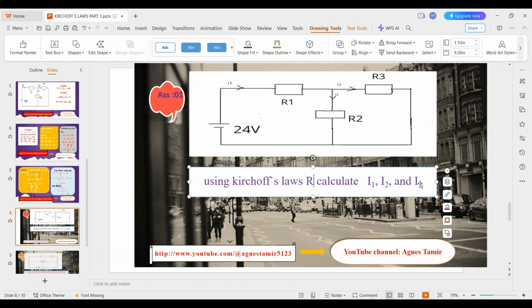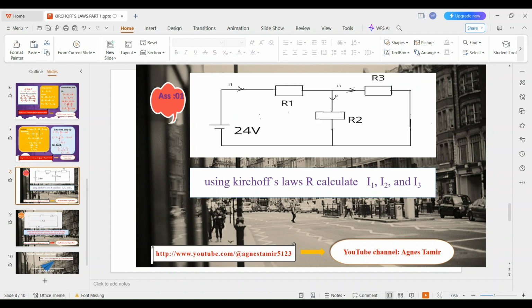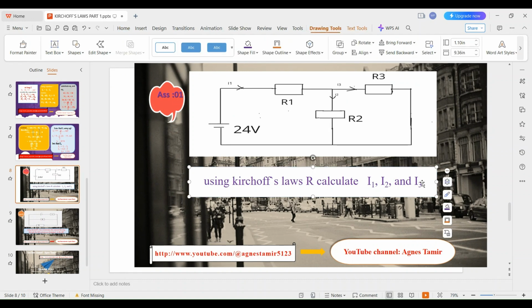R1 is equal to 2. Sorry, let me add the values for you so that you can calculate without any problem. R1 is equal to 4 ohms.